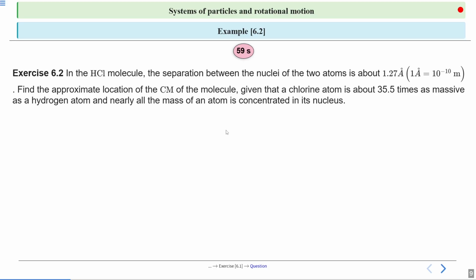You have some time. So let's see the solution of this question.